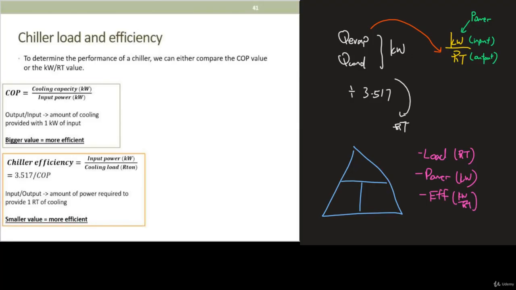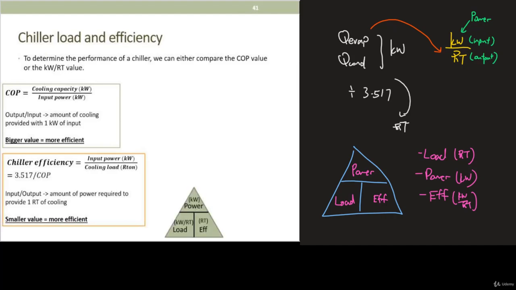So how are we going to put these three terms together? Power is equal to load multiplied by efficiency, or you can say efficiency is equal to power divided by load. But take note of the units: the load is in terms of RT, not kilowatts.